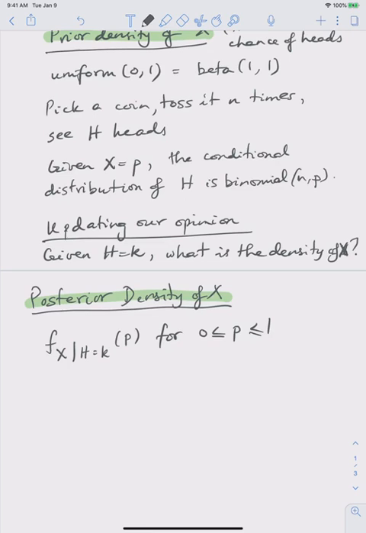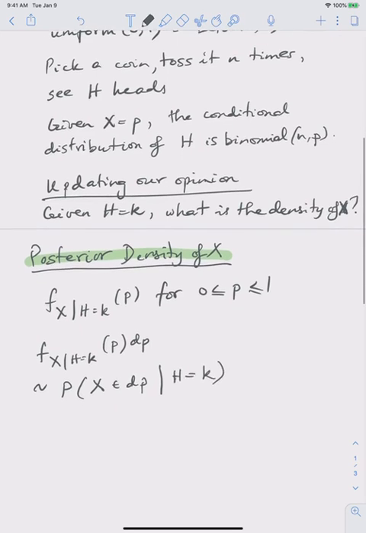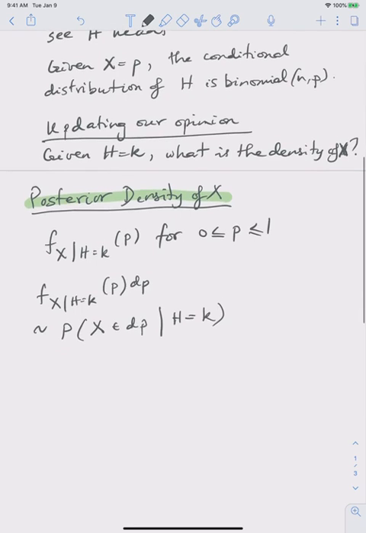So in order to find this, we can notice that we just go to first principles. This density, we're just reminding ourselves of what's given. P dP is the chance that X is just around little p, given that H is equal to K. And so now we have to try and figure out what that is.